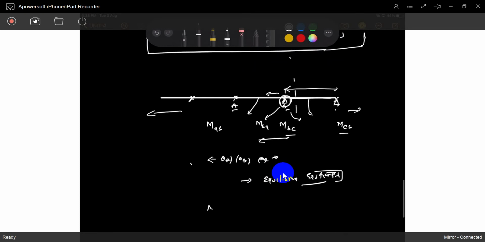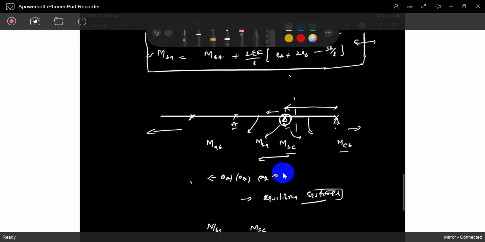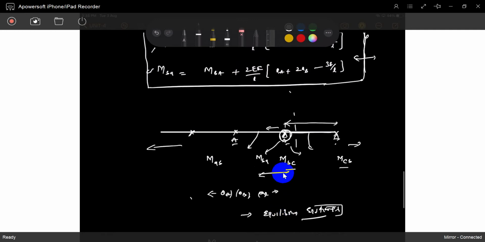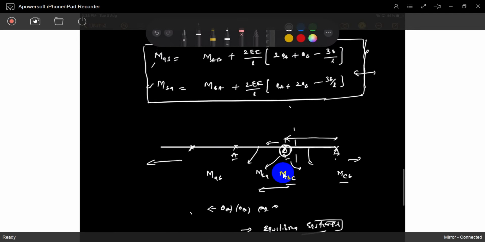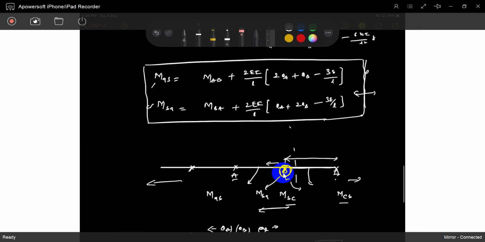Okay. So now we see this MBA, this MBC, both are equal but opposite in sign. Because what, sir? Because we said for MBA we write this side, we write clockwise as positive. Everything clockwise is positive, anti-clockwise is negative.